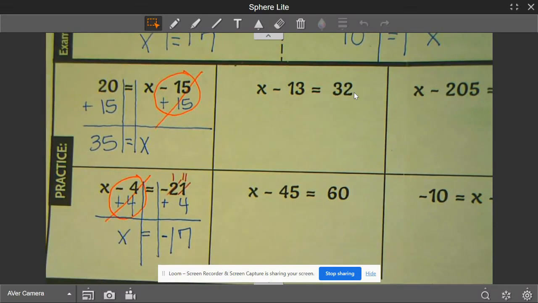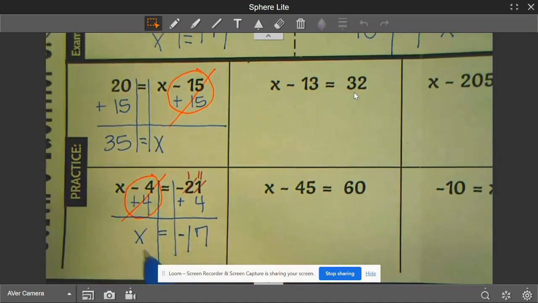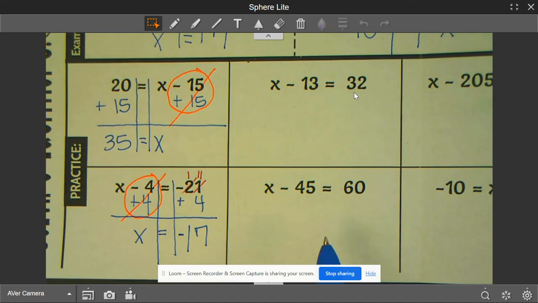Okay. So I'm going to give you about 10 minutes. You are going to show the steps. You're going to show the work exactly like we've been doing it for these 6 problems. Then I'm going to share the answers with you to make sure that you actually did them correctly. Okay?